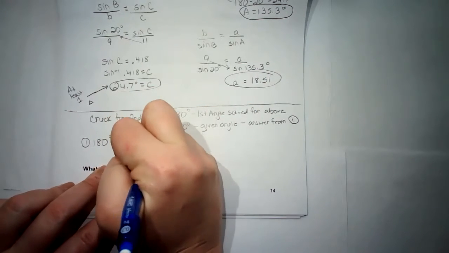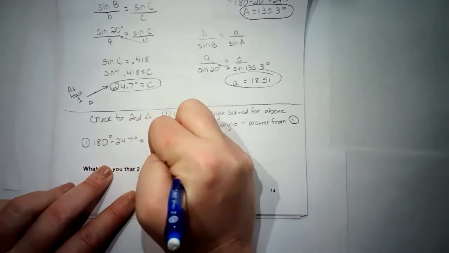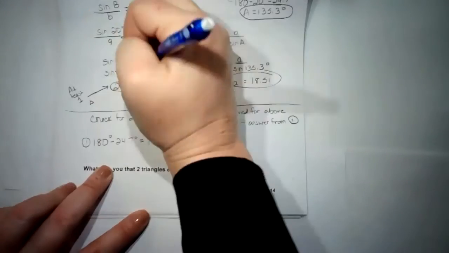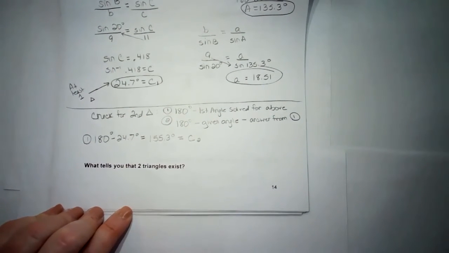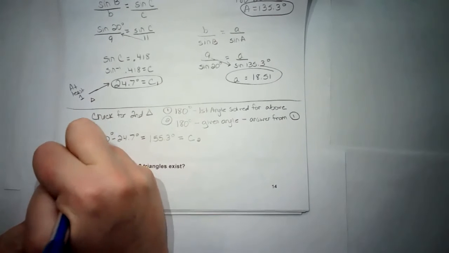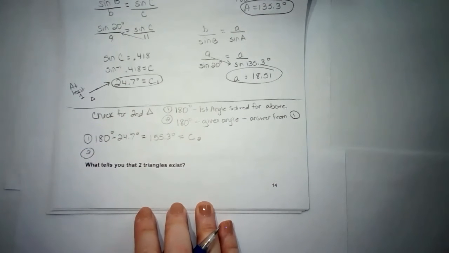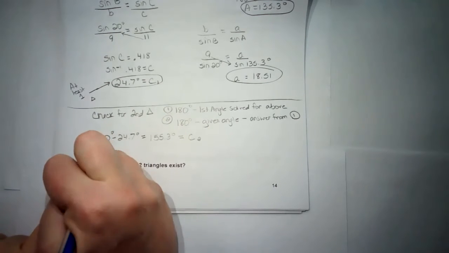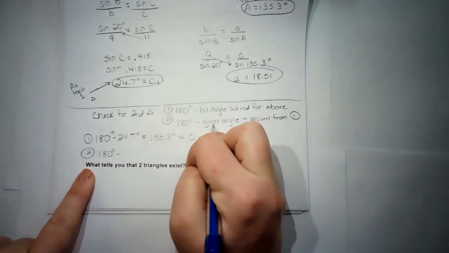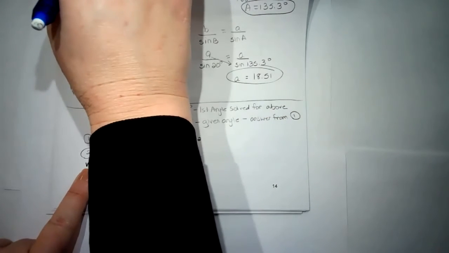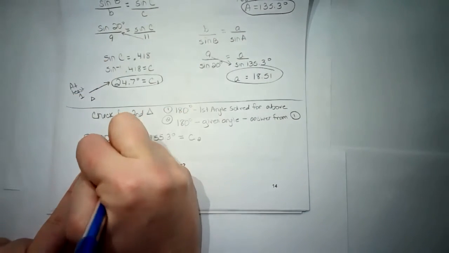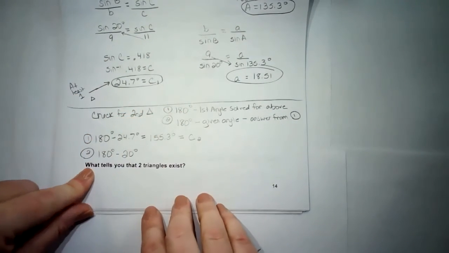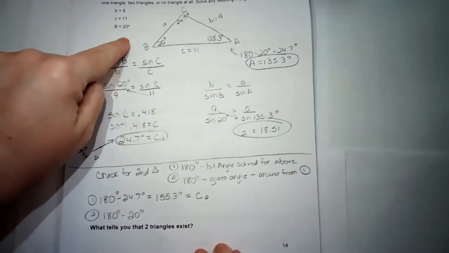Okay, when I subtract that, I get 155.3 degrees. I'm going to call this C2. This was C1 from triangle 1. I'm just going to do that so we're not totally confused, okay? Now that I have this alternate possible universe where a second triangle exists, I'm now going to take 180 minus the given angle, which if we go back up here, you can't see it on mine, but if you look up top, remember B was 20. You were given B is 20. So this is given information from the original problem. Here, I'll show you. Right here, right? It was given.